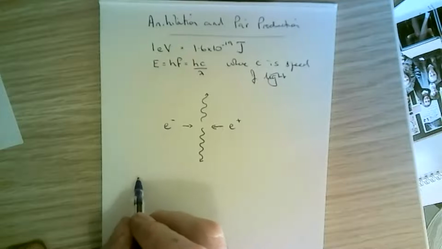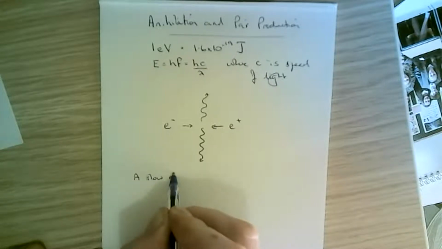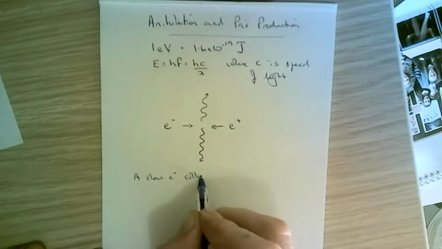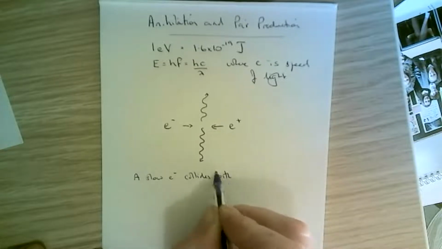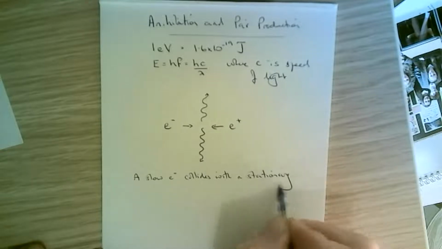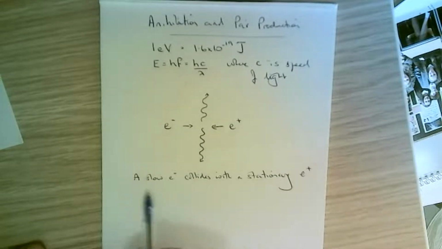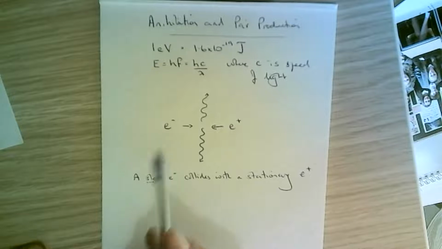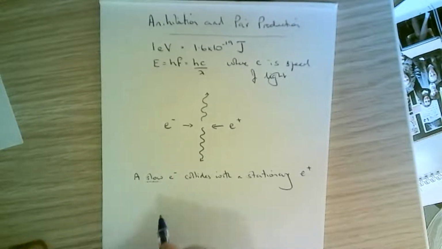So we say something like a slow electron collides with a stationary positron. Now, the examiners, by saying slow, are telling you that the kinetic energy is so small compared to the rest energy that we can ignore it.